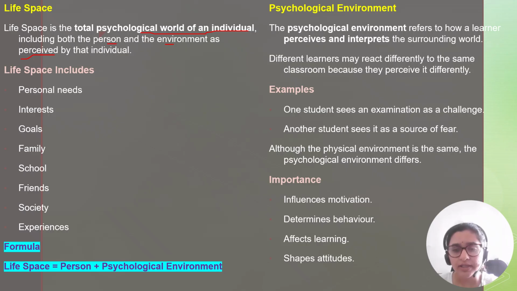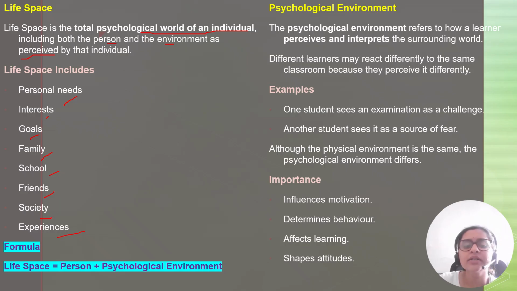So, based on his understanding of the environment, life space will depend. It is a total psychological world, very much similar to field. This life space also includes personal needs, interests, goals, family, school, friends, society, and experience. So, this life space is more in depth, whereas field is a superficial thing.